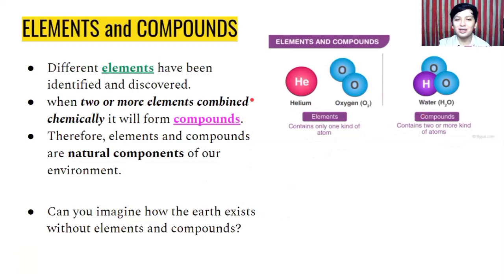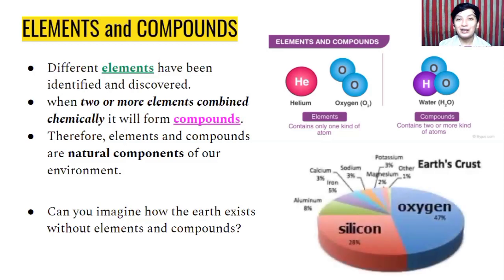Now, can you imagine how the Earth would exist without elements and compounds? It is like a blank paper. It has nothing to do with everything, right? So, in our Earth's crust, these are the elements that can be found. Basically, it is composed mostly of oxygen at 47% and silicon at 28%, and the rest of the elements.